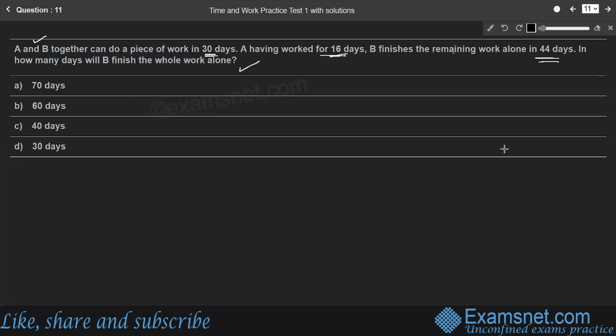You can even take W as the total work, or you can consider 1 as the whole work. A and B together can do a piece of work in 30 days. Therefore, their 1 day work becomes 1 by 30th of the total work.